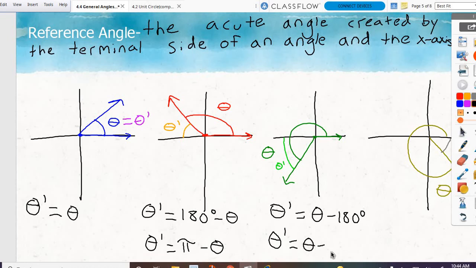radians, what would we be subtracting? Pi. So far, so good? Okay. So then, lastly, if I'm in my fourth quadrant, what would we do?